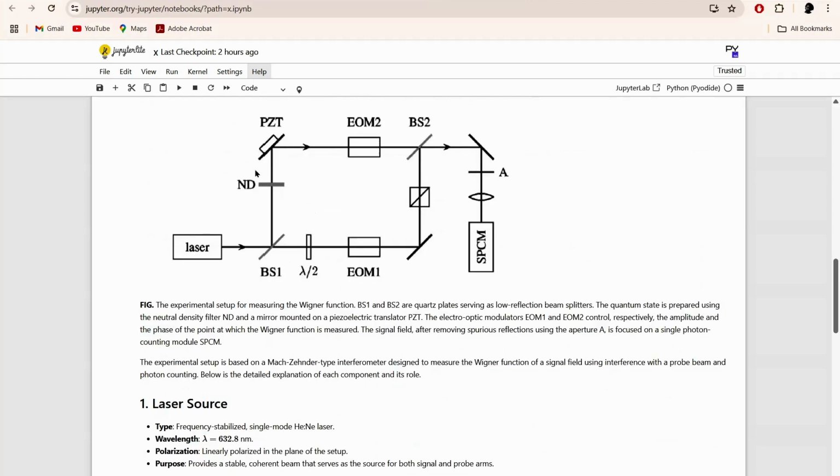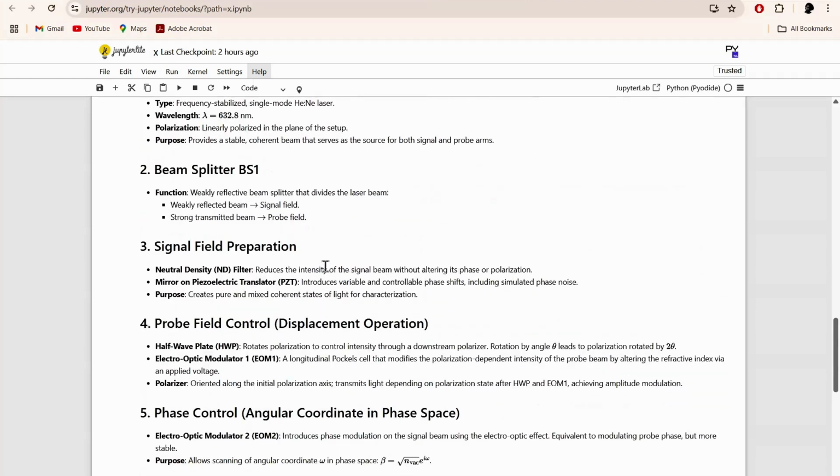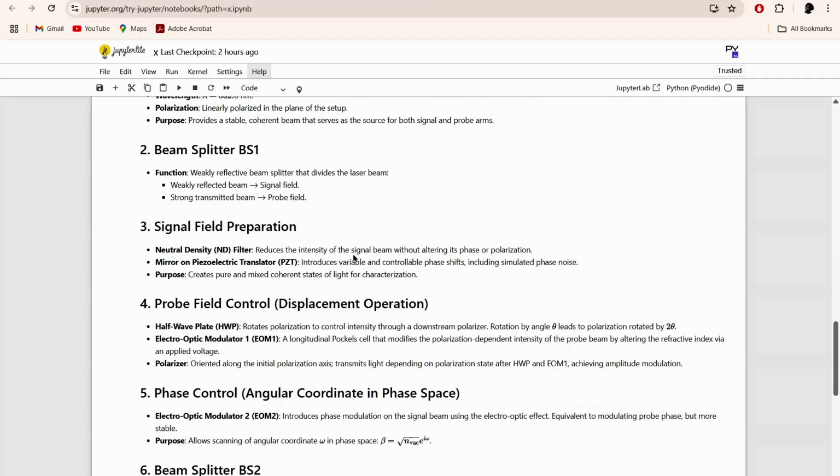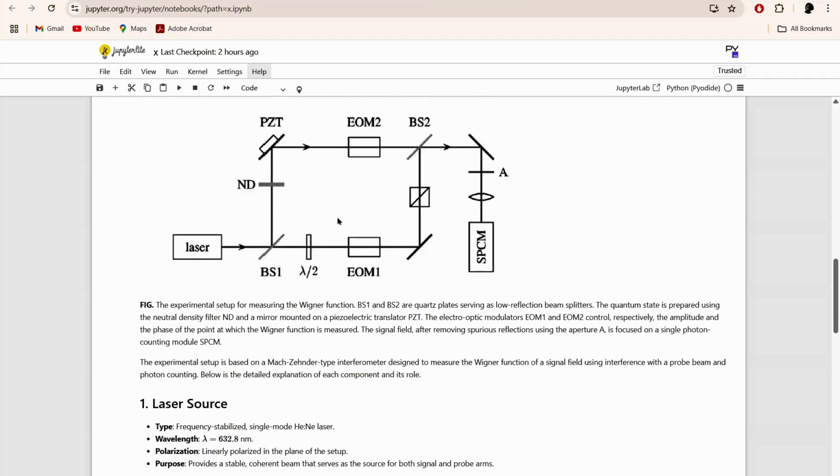And this is the piezo. We have placed a mirror above this piezoelectric translator, which introduces some amount of phase shift, which we can control. Now coming to this below arm, here we have used a half wave plate, an electro-optical modulator, and a polarizer.